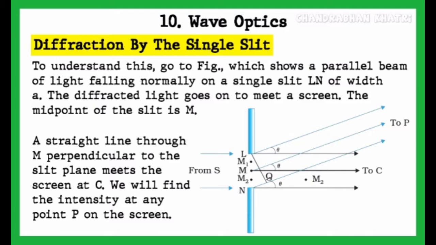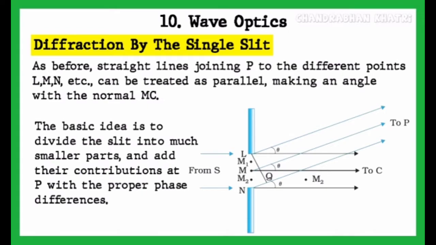We will find the intensity at any point P on the screen. As before, straight lines joining point P to the different points L, M, N, etc. can be treated as parallel, making an angle theta with the normal MC, as you can see in this diagram.